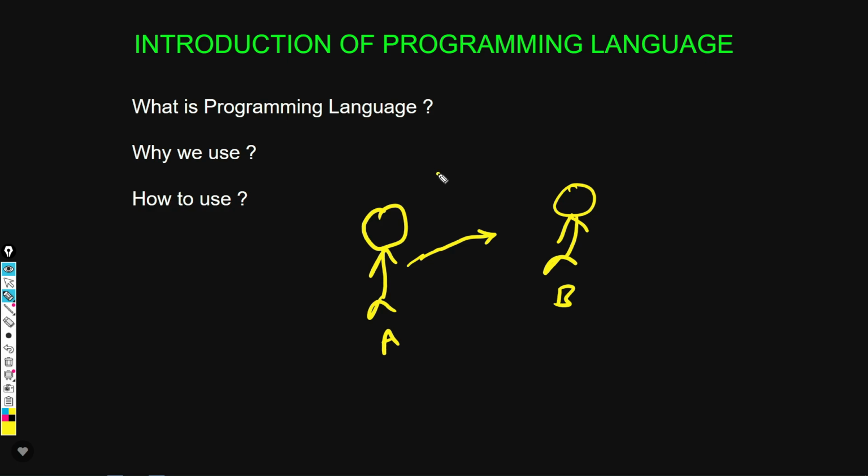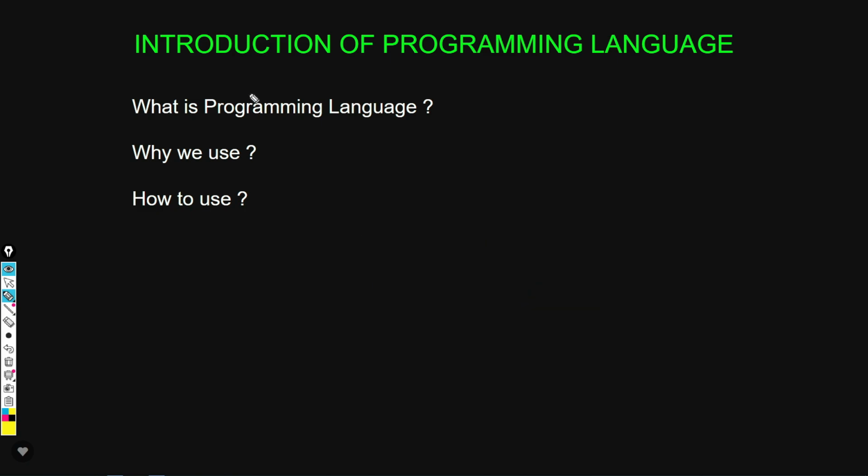He will use some language like Hindi, English, etc. He can use any language. Person B needs to understand person A's language, and after that he will reply something. The same thing happens with the programming language.